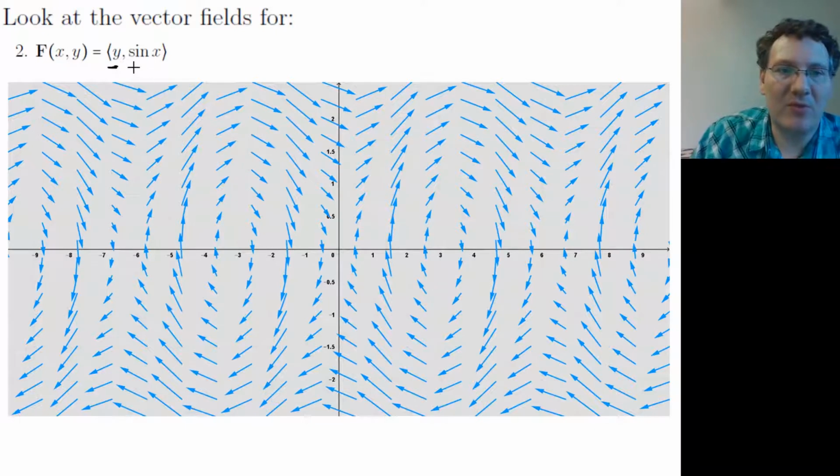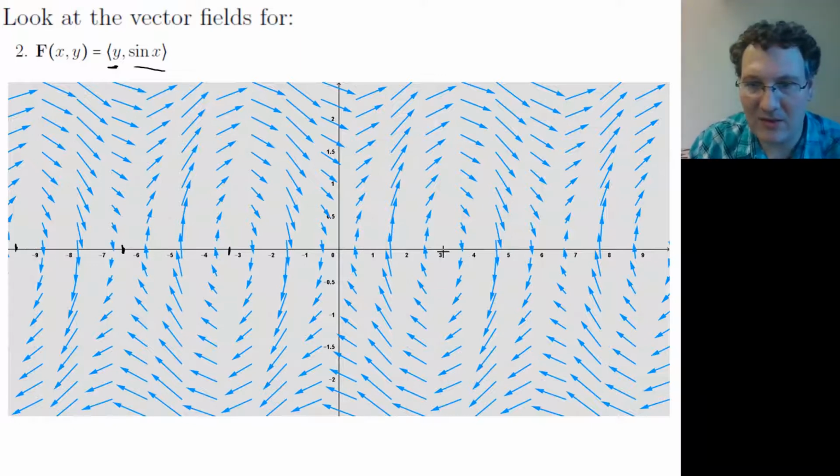But the y direction is going to be based on the sine of x, and so you can see that things are happening periodically. We have it at pi, at 2 pi, and then over here is 3 pi. I'll show you in the other direction as well, roughly that.